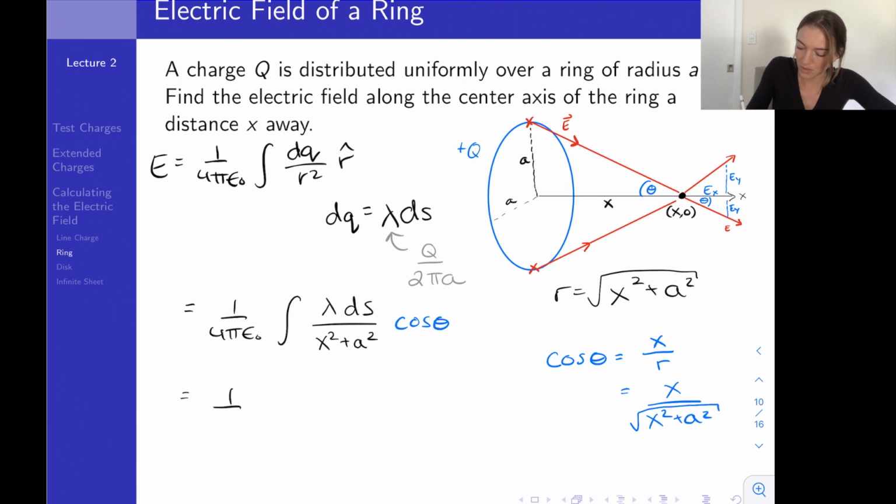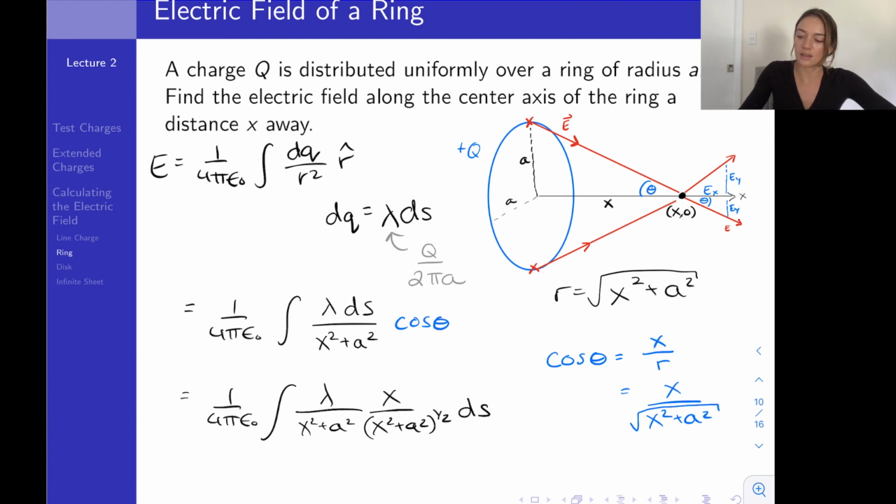So let's rewrite that. We've got 1 over 4 pi epsilon naught, integral, I'm going to save the ds for a second. And then we've got x squared plus a squared, again, to the power of 1/2. So just as before, I can combine these into a denominator of 3/2. So let me rewrite this.